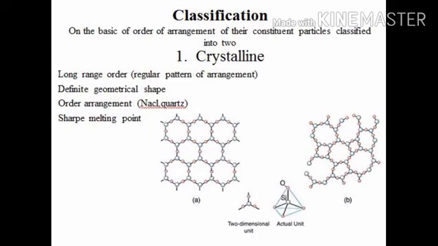But in the crystalline form A1, they have a defined form throughout the network, which is why it is called long range order. They also have a definite geometrical shape, an ordered arrangement, and sharp melting points.